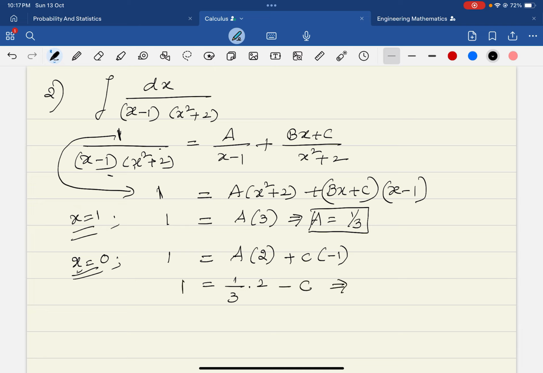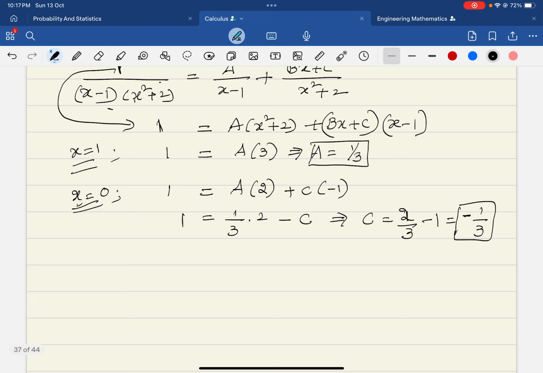So c is equal to 2 by 3 minus 1, that is equal to minus 1 by 3. Understood? The c value is minus 1 by 3.